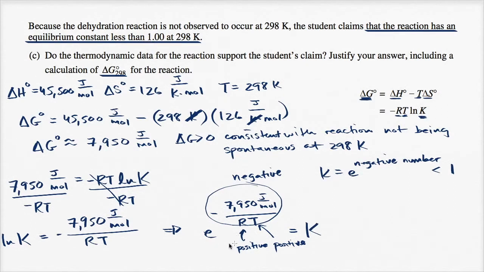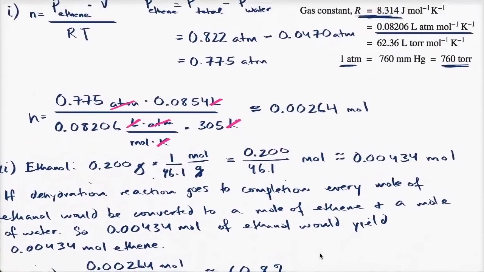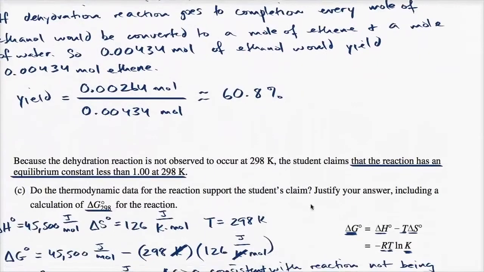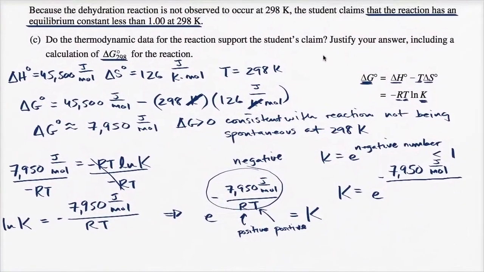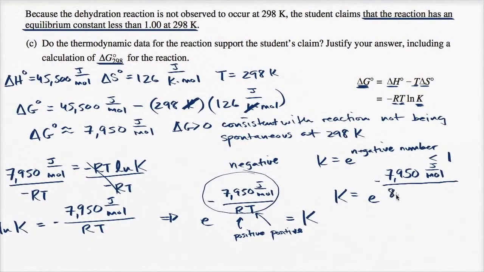If you want to go further, you could just calculate that. You could just say K is equal to e to the negative 7,950 joules per mole over R, which is 8.314 joules per mole Kelvin, times 298 Kelvin.